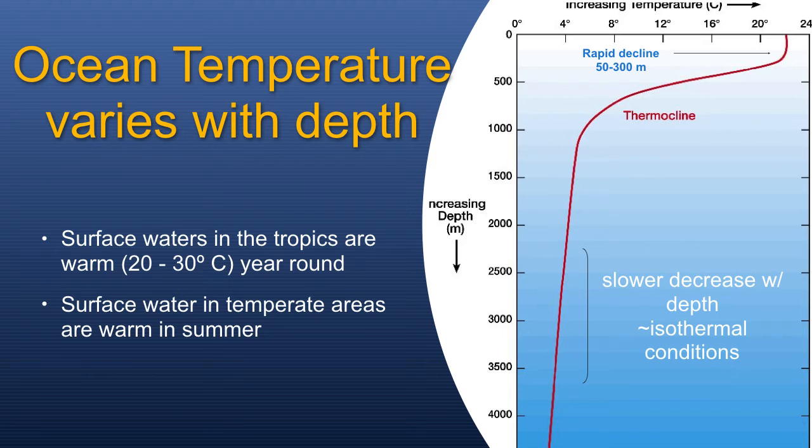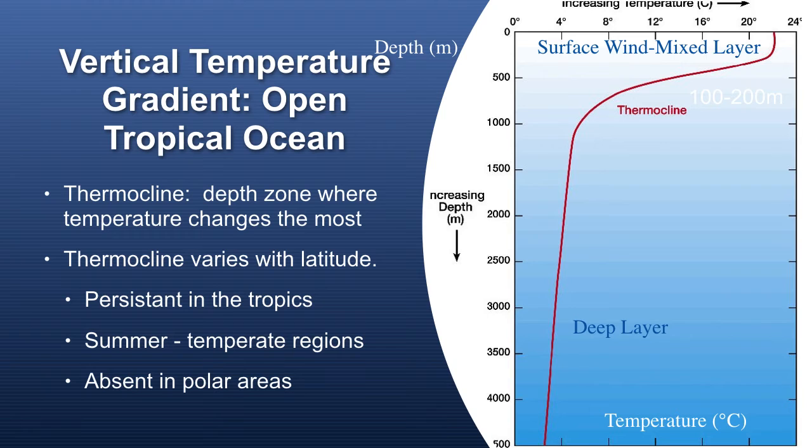And the thermocline is represented here by this red line, and in particular, one zone of this red line. So a thermocline is the depth zone where the temperature changes the most. And here, it's at about 100 to 200 meters, we have rapid change in the temperature of the water.